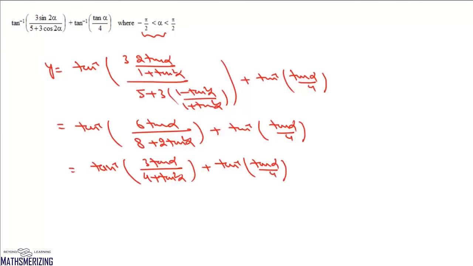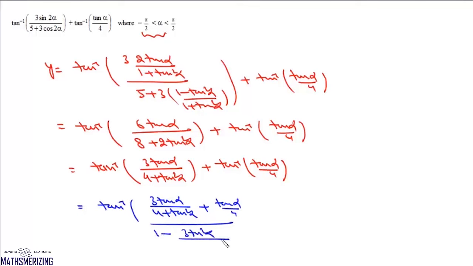Now here we'll use the formula for tan inverse x plus tan inverse y. So it'll be tan inverse of 3 tan alpha upon 4 plus tan square alpha plus tan alpha by 4 upon 1 minus 3 tan square alpha upon 16 plus 4 tan square alpha.